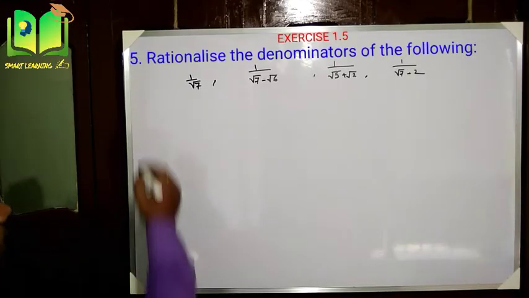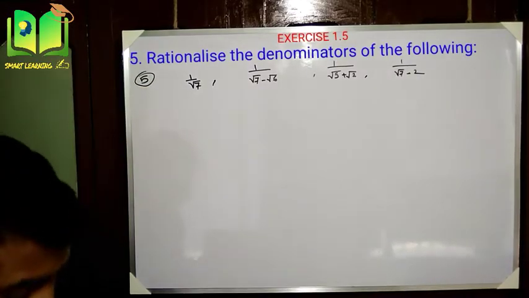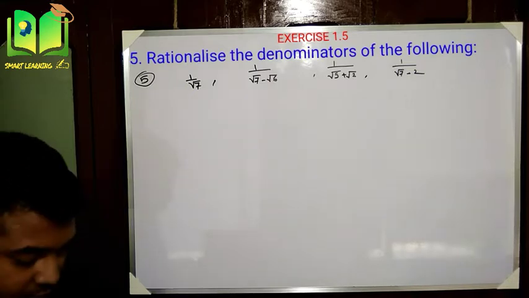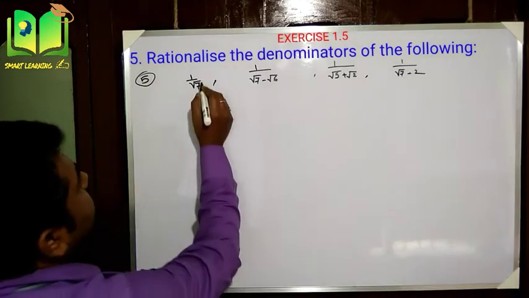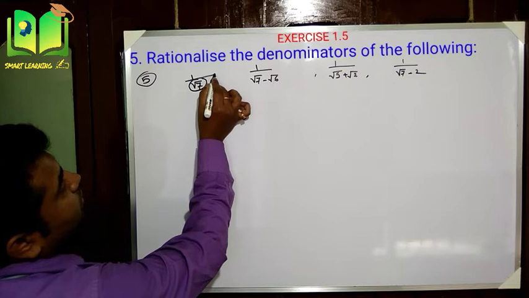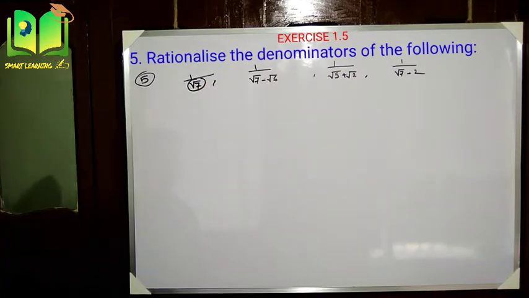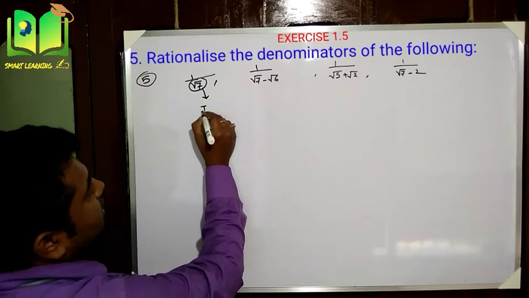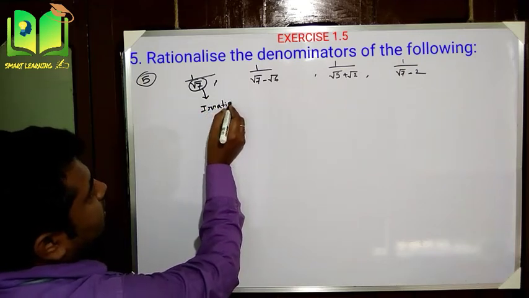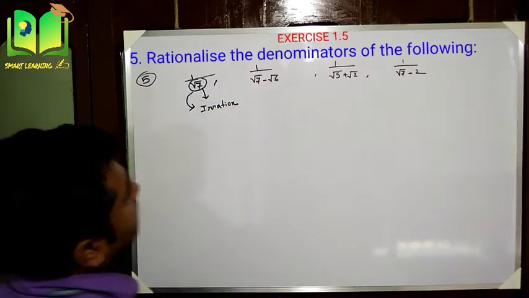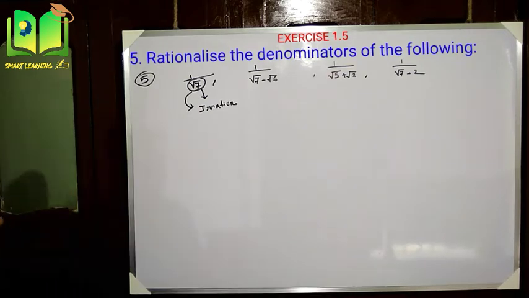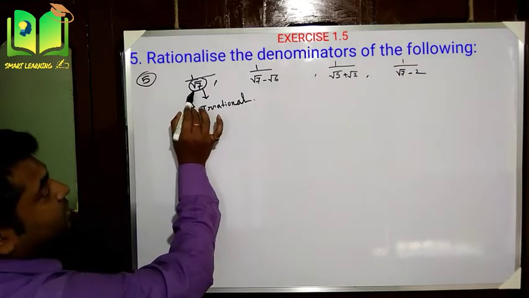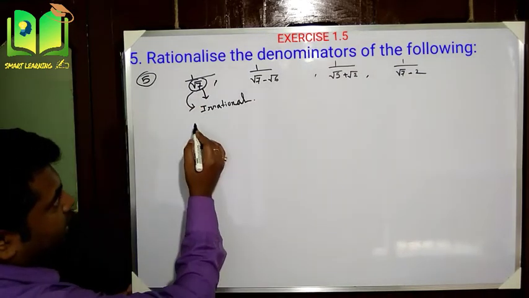This is question number 5. Your question is: rationalize the denominators of the following. Denominator means root 7. Root 7 is which number, rational or irrational? It is actually irrational. So the question is, you have to change this root 7 into a rational number.